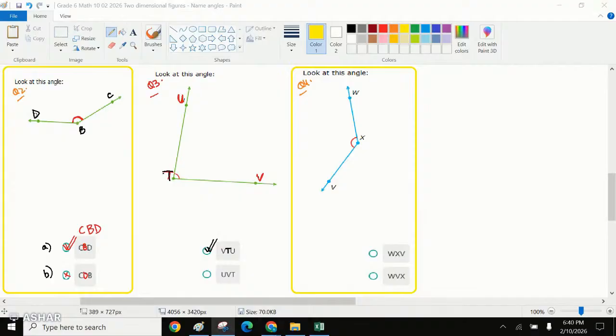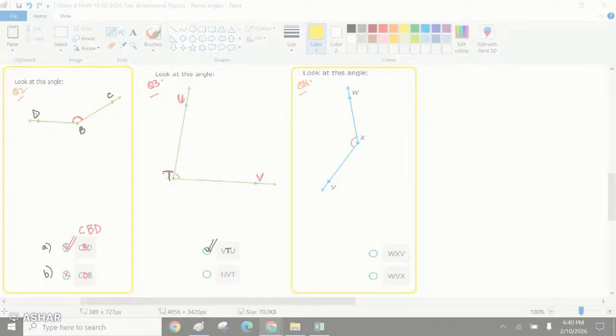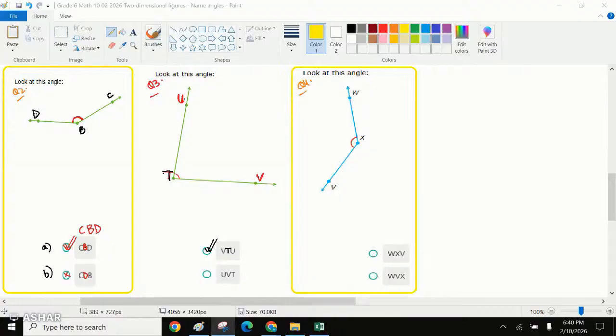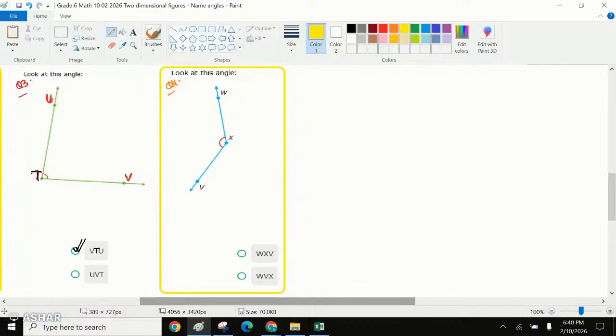Yes, thank you. Since X is in the middle, X is the common point. Or we can say X is the point of intersection. Agreed? Yes, right. Then we look at this with X over here because X is the common point. Perfect. Okay. Let's do one more.